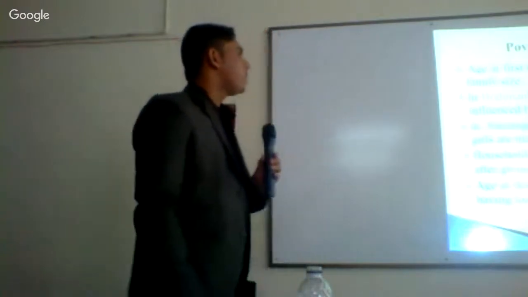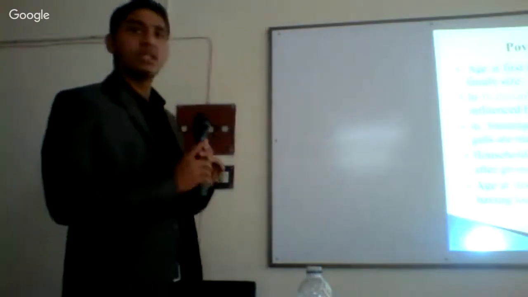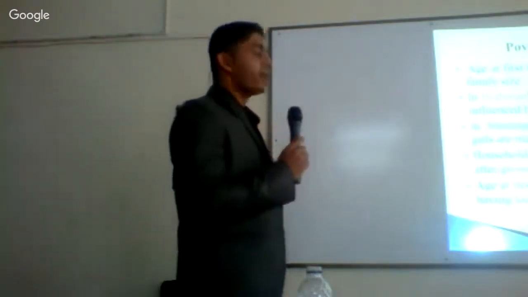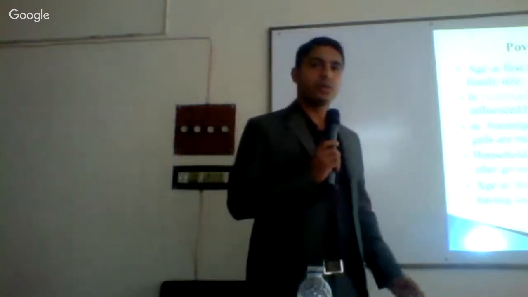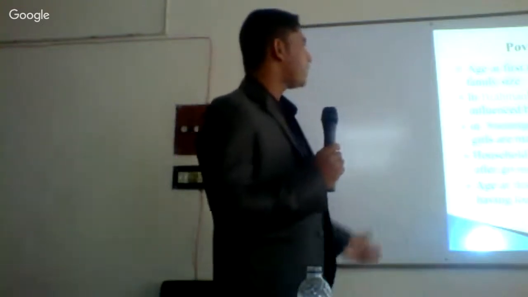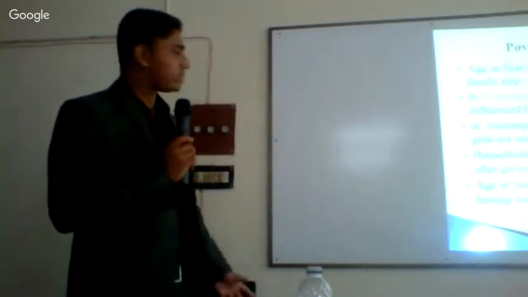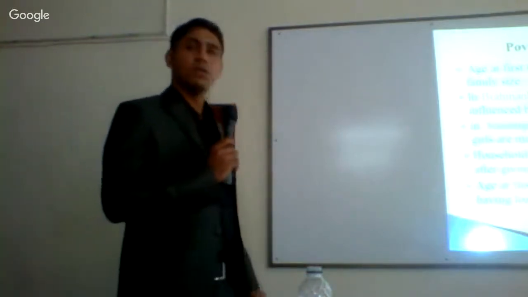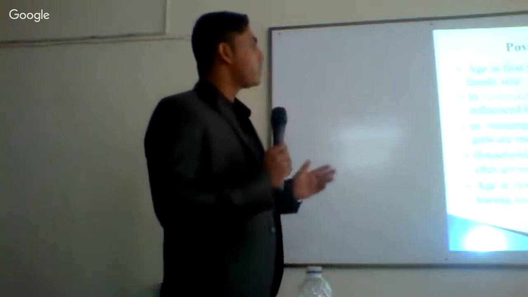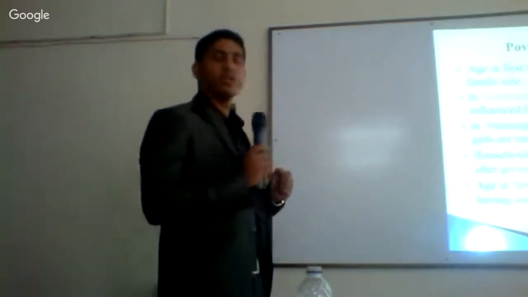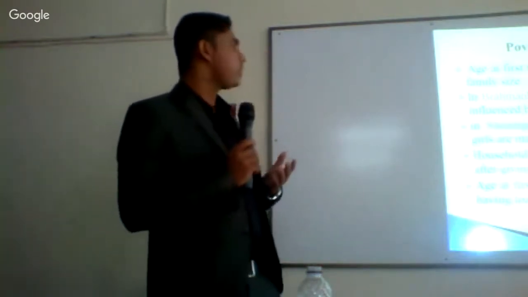This is the hypothesis testing result about poverty and age at marriage. How is age at marriage influenced by household vulnerability to poverty? I considered some variables: family size, income of households, savings, taking loans, and land ownership. The findings show that age at first marriage of girls is not dependent on family size.